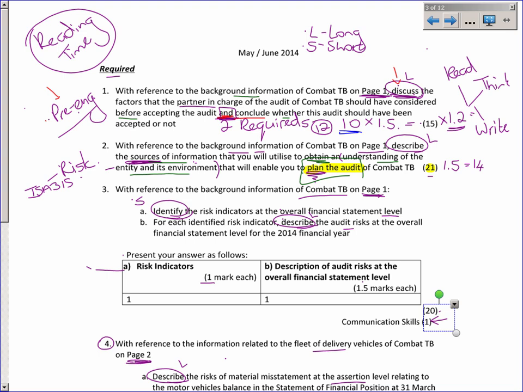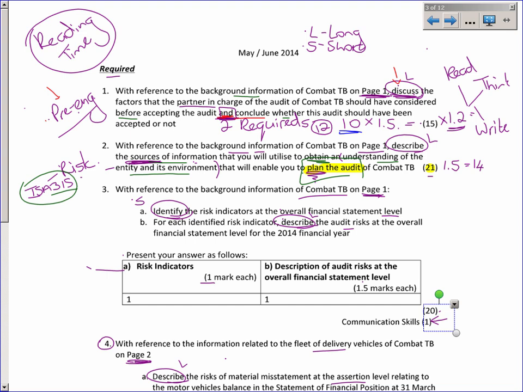And that understanding is, as I mentioned before, from ISA 315, what we call the risk assessment standard. If you take a look at the heading of ISA 315, you'll see that it's called identifying and assessing the risks of material misstatement through understanding the entity and its environment.